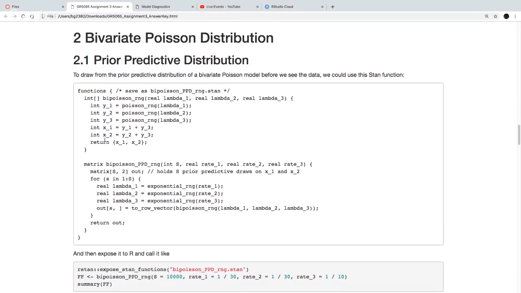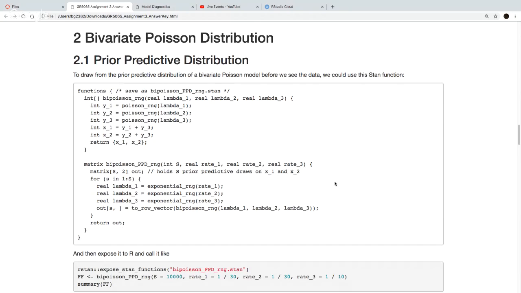I gave you this much, but basically you're just drawing 3 Poisson random variables that you don't actually observe. What you observe is x1 and x2, x1 being the sum of the first and the third, and x2 being the sum of the second and the third. The presence of this y3, which is going to be a positive count, induces the positive correlation between x1 and x2 that we often see in counts.